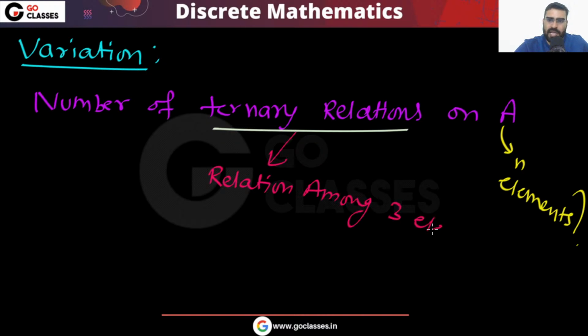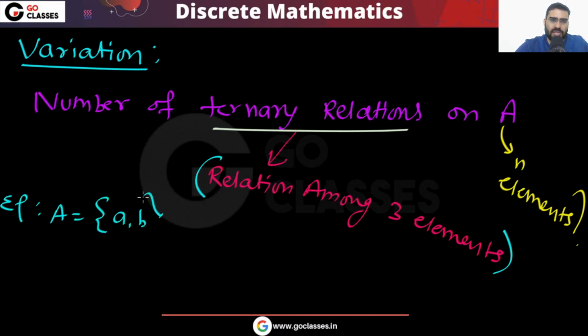These elements can be the same or they can be different, but the point is that this is a relation among 3 elements. Let me give you an example. Let's assume your set A is A, B, C, D. Then what is a ternary relation? This R is a ternary relation, which means now it will have a triple.